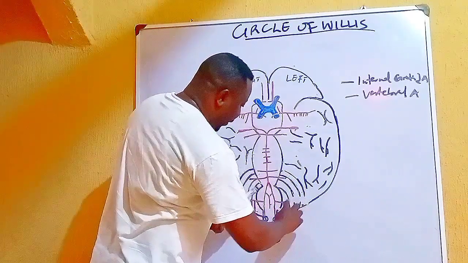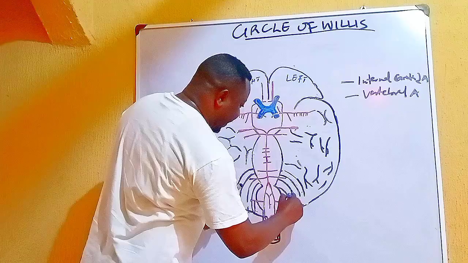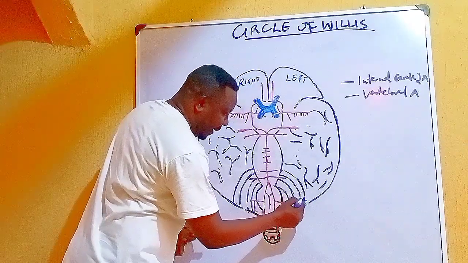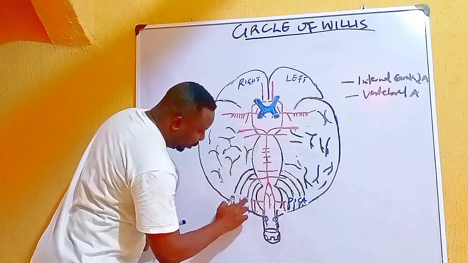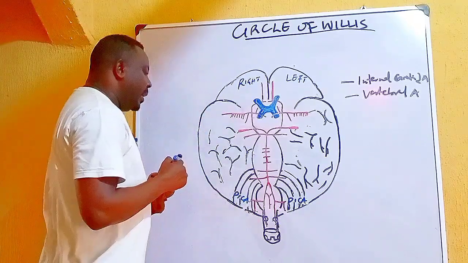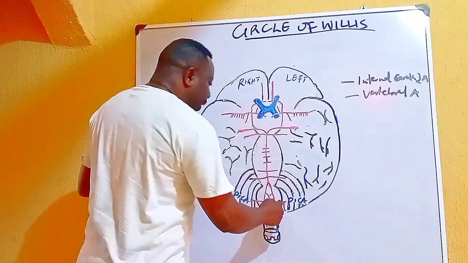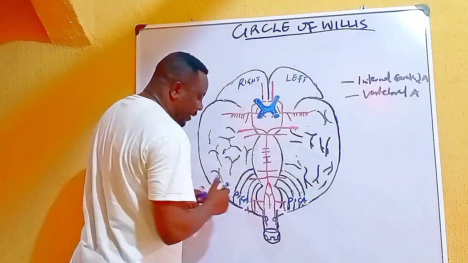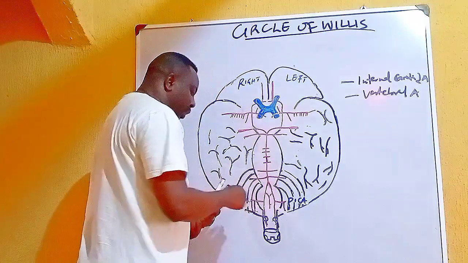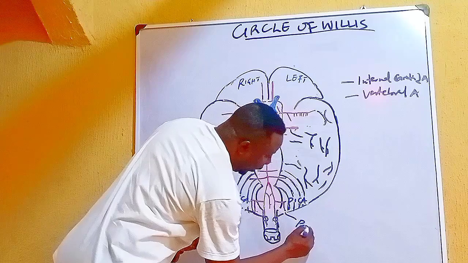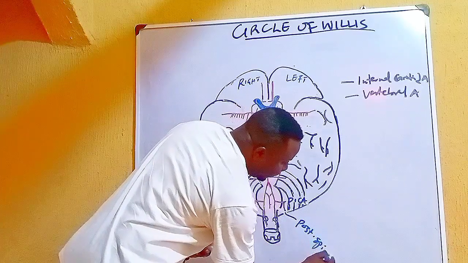The posterior inferior cerebellar artery is also known as PICA. PICA means posterior inferior cerebellar artery. Now, it also gives rise to a branch which is known as the posterior spinal artery.